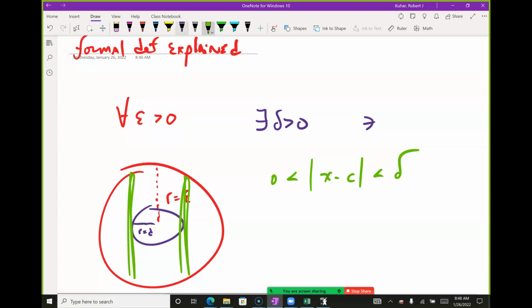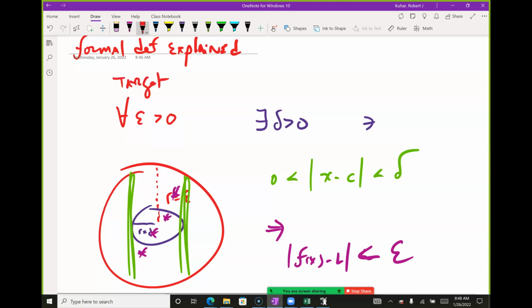So I'm saying I'm going to hit arrows only inside, maybe only inside those green lines. I can't possibly hit outside of the green lines. If I can keep all of those arrows on the dartboard, make the target.